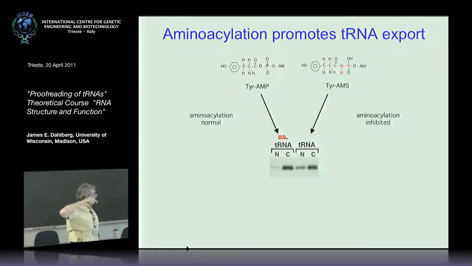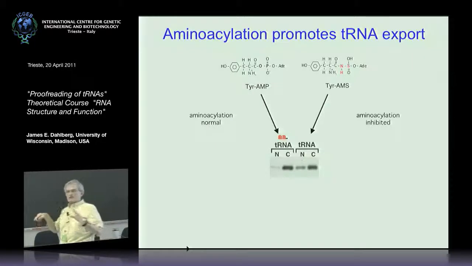And we put tyrosyl tRNA into the nucleus of these oocytes and asked how this compound affects export. And as you can see, it slows down the export of this tRNA. I don't have it here in this slide, but it has no effect on the export of other tRNAs.